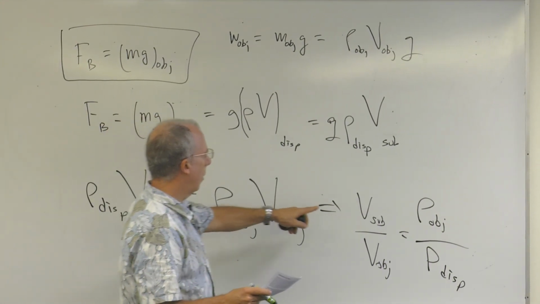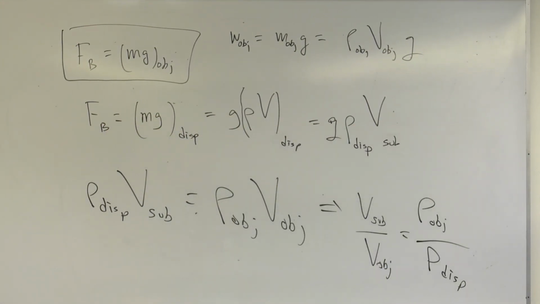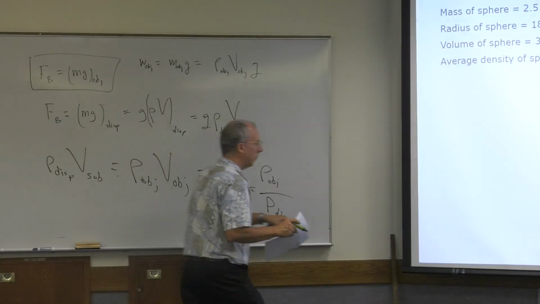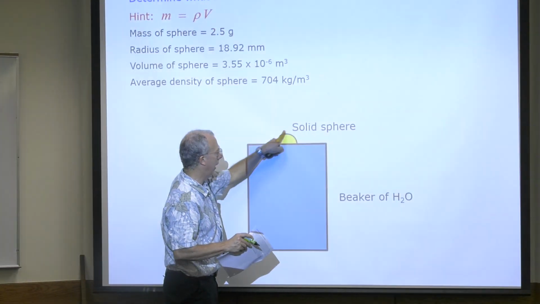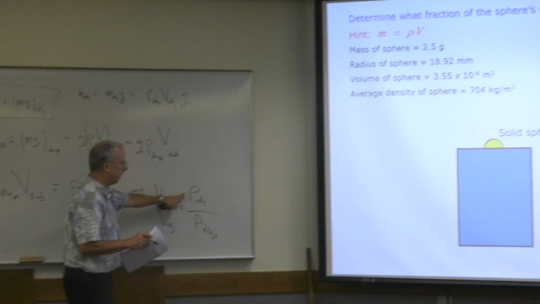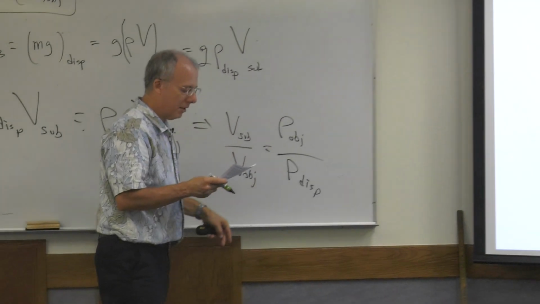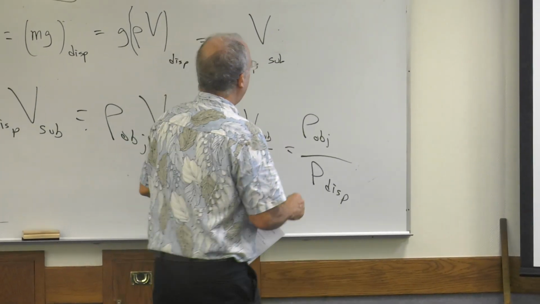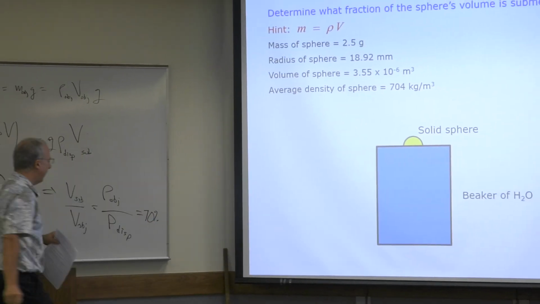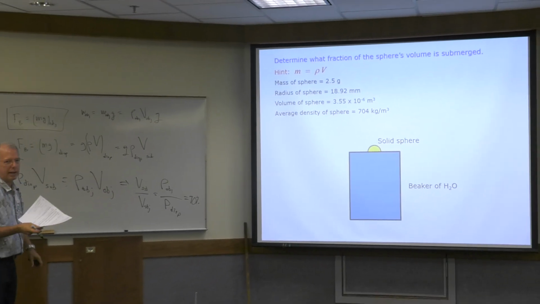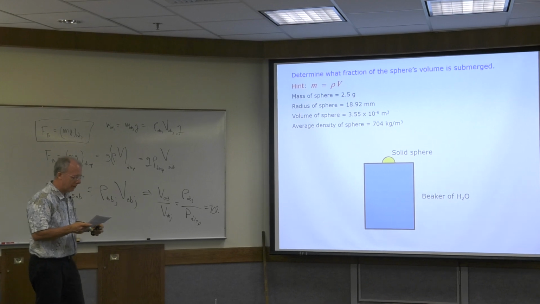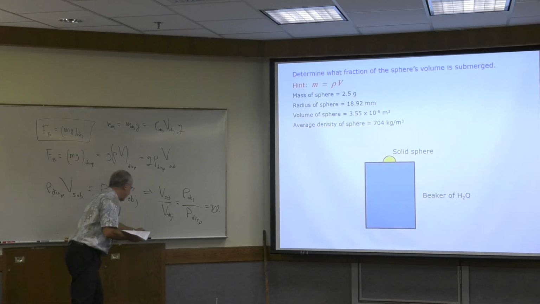So the fraction of the sphere's volume that's submerged equals the density of the object divided by the density of the fluid. And I promise you, if you plug in all these numbers, you get 70%. That's just an example of how you do these kinds of problems. Study this. You should do it by yourself. Make sure you get the right answer.